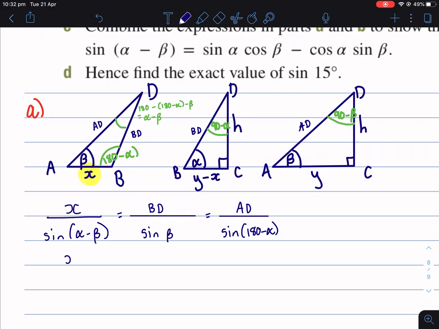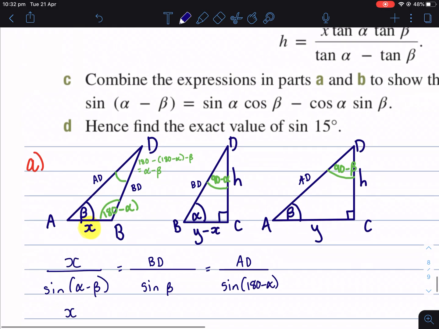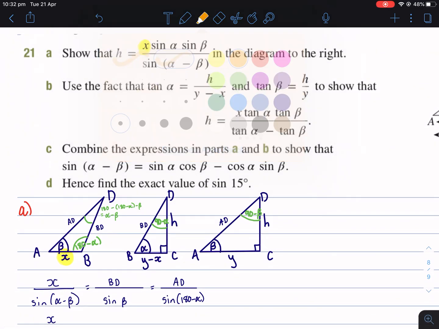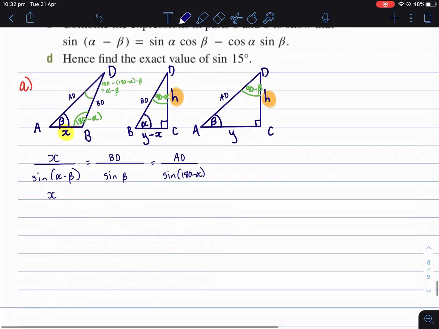So I've got x, ooh, actually, no, because I want h. I've got h here, and h is here, but h is also here. I think the first and last ones I'm going to go with. So x on sine alpha take beta equals AD, yeah, this one.